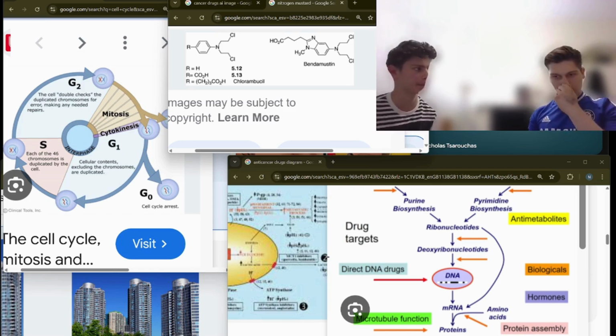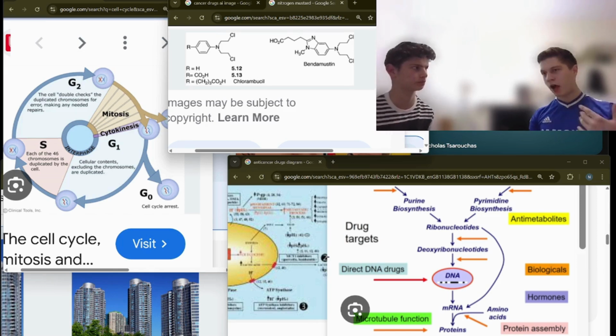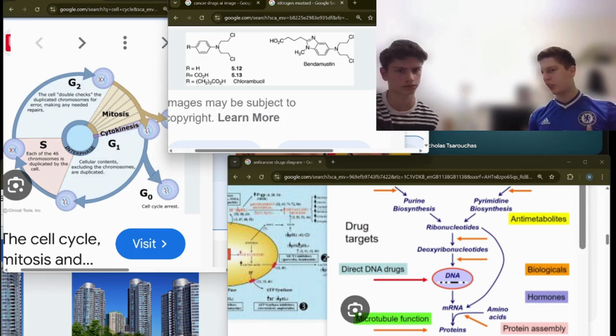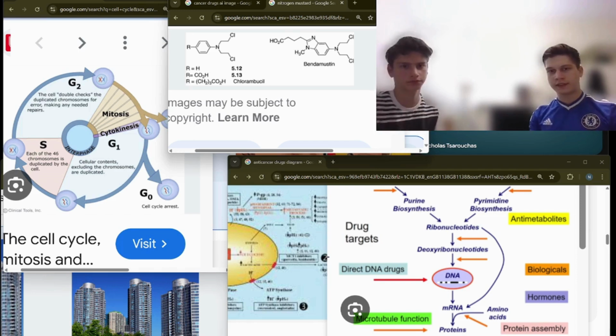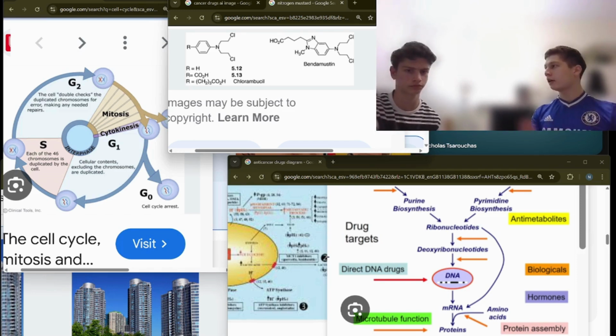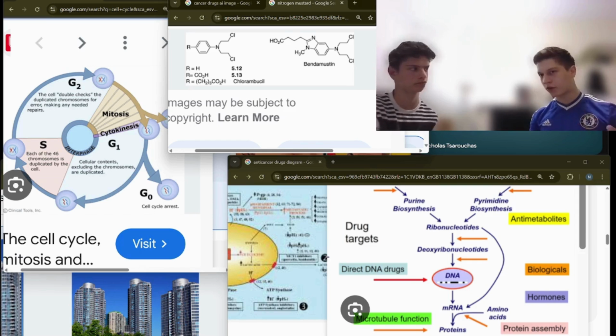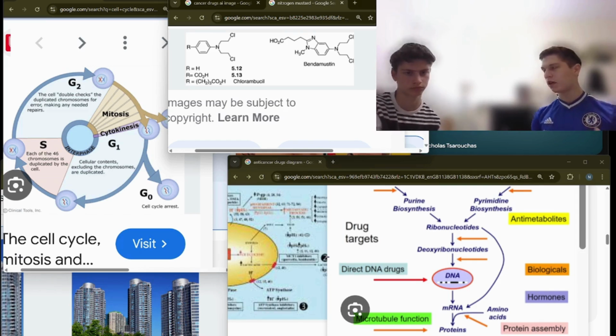So chlorine is a very electrophilic group, highly reactive. If you have nucleophilic groups around, which are very abundant in DNA, RNA, even proteins, that's what makes a lot of these nitrogen mustards highly toxic, because they react with these other proteins and nucleic acids, with a lot of off-target effects, very non-selective in this way.